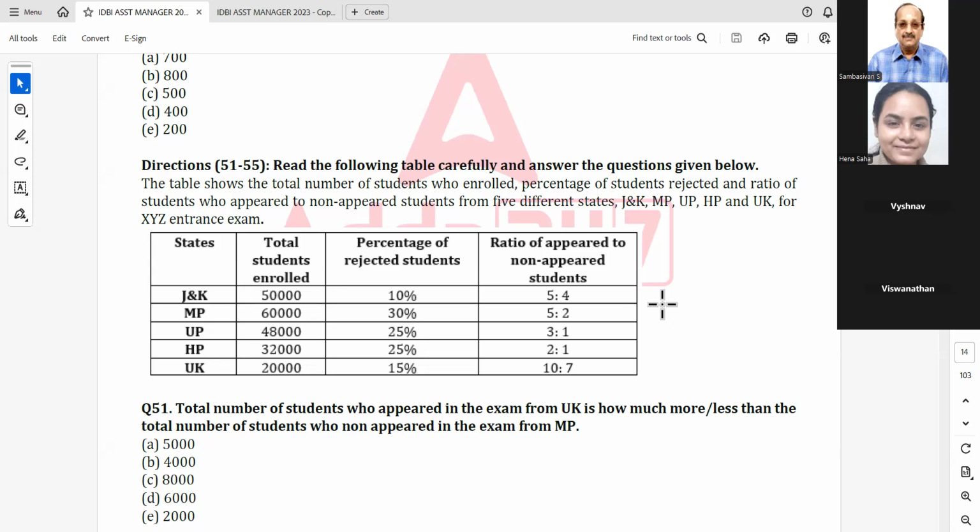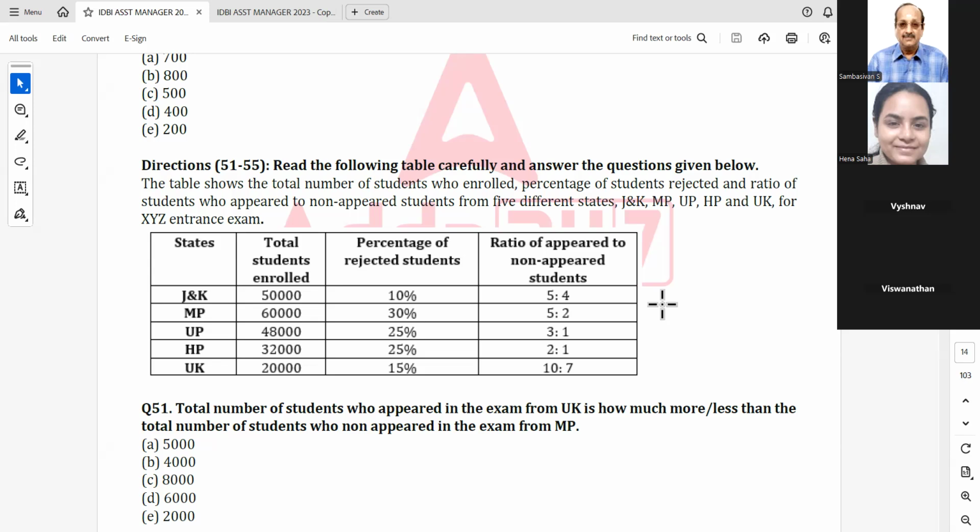UP 48,000, 25%, 3:1. HP 32,000, 25%, 2:1. UK 20,000, 15%, 10:7. Now, what is this ratio of appeared to non-appeared?